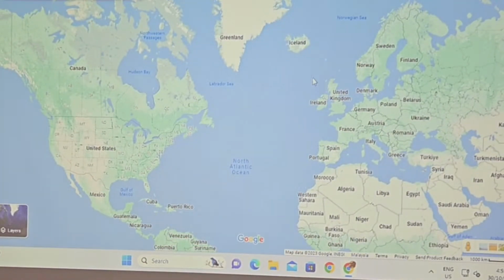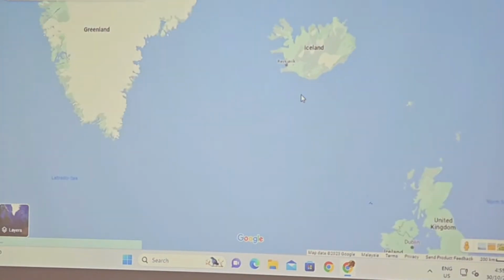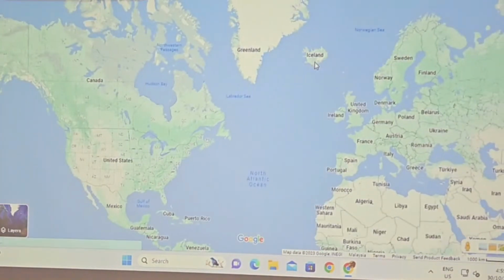Look, Iceland. One country, a very small country. Iceland.